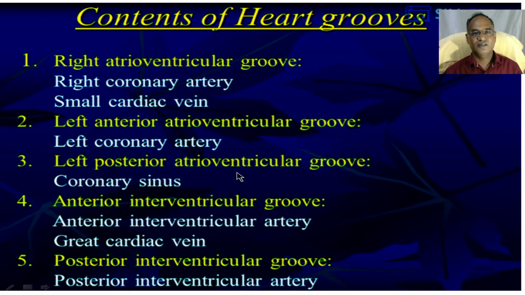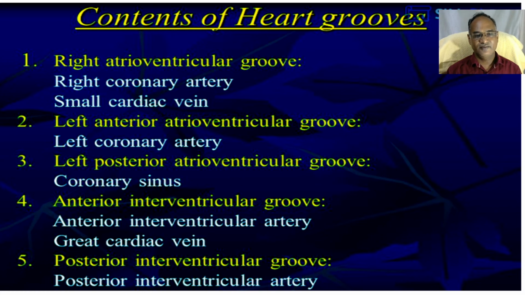Now the contents of the heart grooves. Apart from the main arteries there are some minor ones. The grooves cover the heart just like a mosquito net. There are five categories. The right atrioventricular groove contains the right coronary artery and the small cardiac vein, and the left anterior atrioventricular groove contains the left coronary artery.